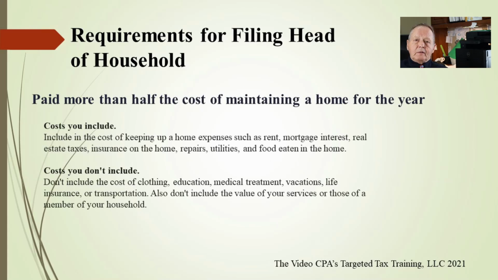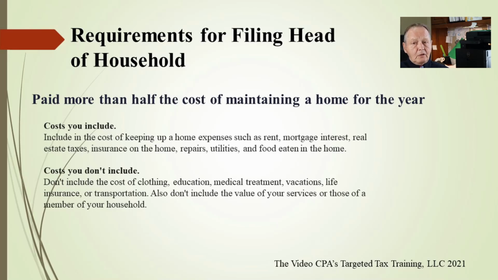All right. Paid more than half the cost of maintaining the home for a year. Now, the IRS does have a worksheet that you can fill out that will help you with this, but basically the costs of maintaining a home include expenses such as rent or mortgage interest, real estate taxes, insurance on the home, repairs, utilities, and the food eaten in the home.